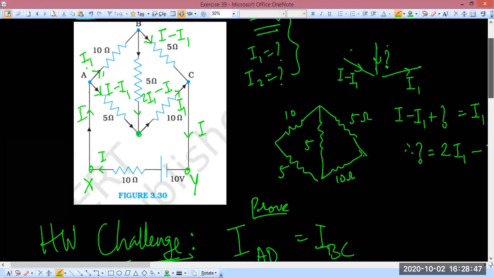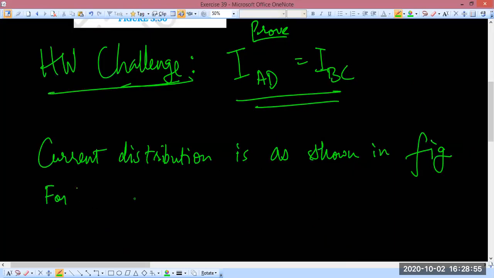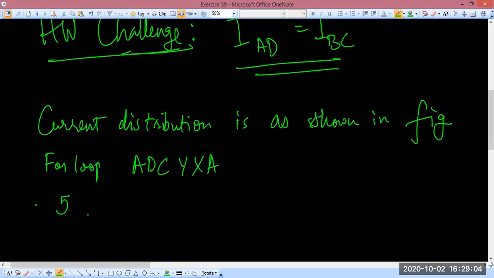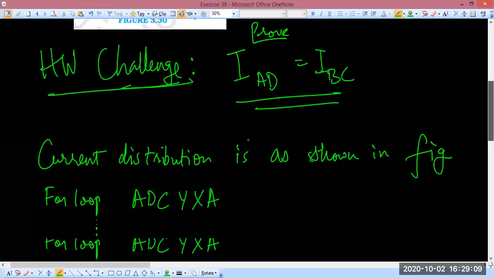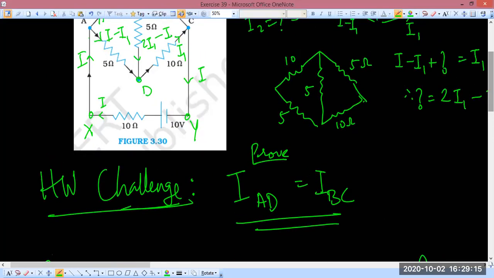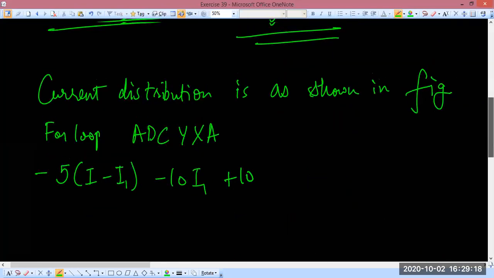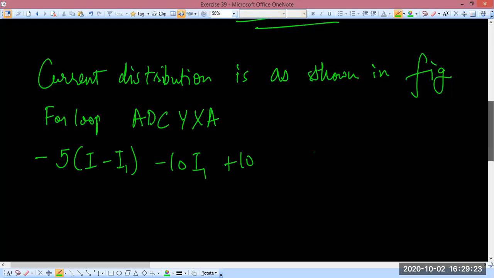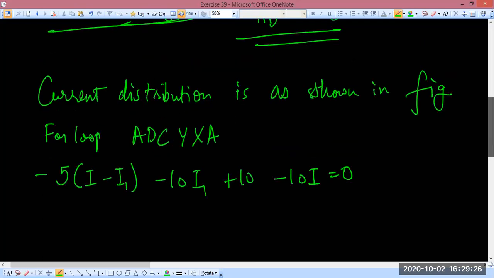So first time we'll do it for loop a b c y x a. તો શું થાય? 5 minus 5 into I minus I1, minus 10 I1, પછી plus 10, and minus 10I is equal to 0. આવી ગયા ઘરે. I hope you understood this one, right?